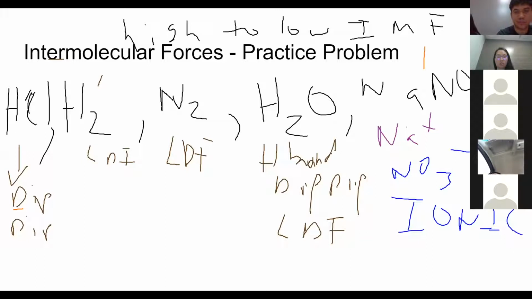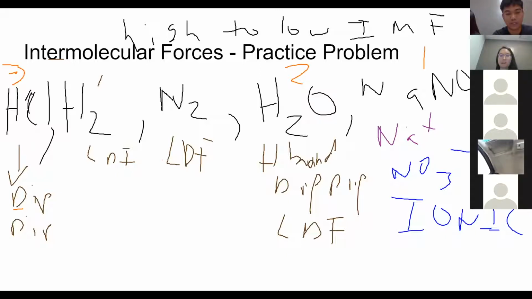We know that H2O would be the second one because it has hydrogen bonding. HCl would be the third one because, between the last three options, it's dipole. Now, to separate N2 and H2 when they're tied, you look at the number of overall electrons.